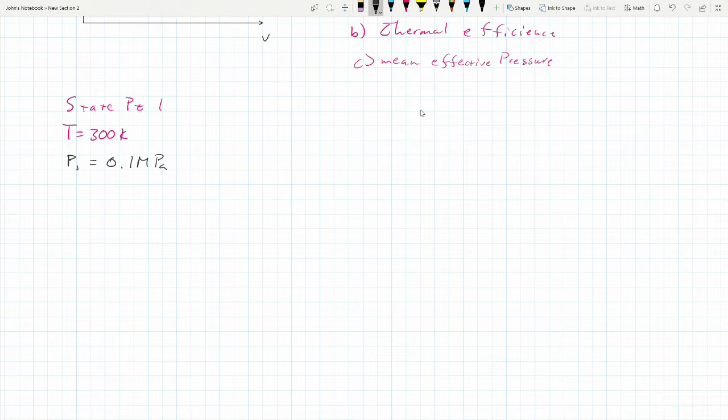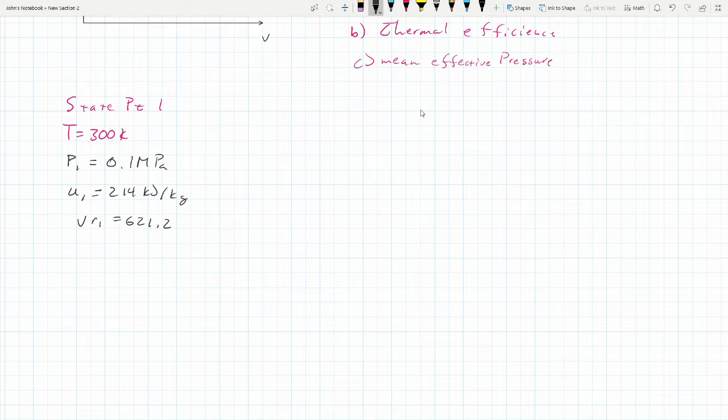So here's the values. At state point 1, P1 is 0.1 megapascals. U1, the internal energy at state point 1, is 214 kilojoules per kilogram. VR1 is equal to 621.2.